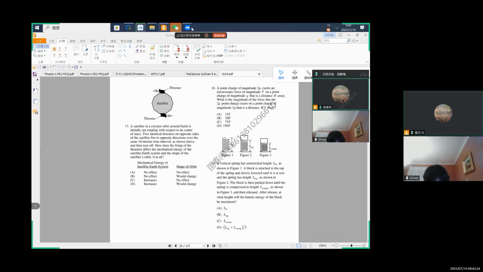Let's start from the beginning of this process. At L0, a block is attached to the top of the spring and is slowly lowered until it is at rest. Slowly, which means kinetic energy is kind of zero, right?